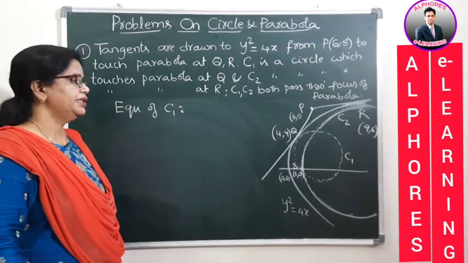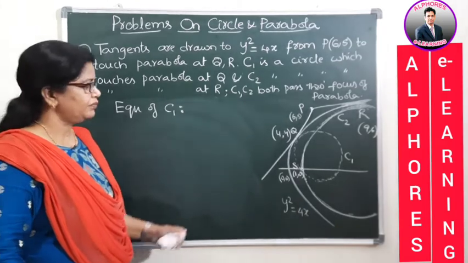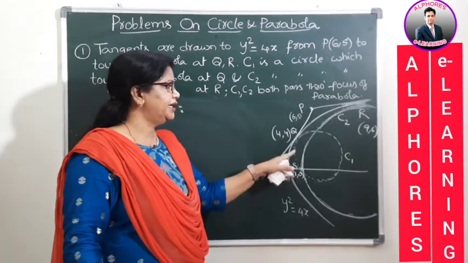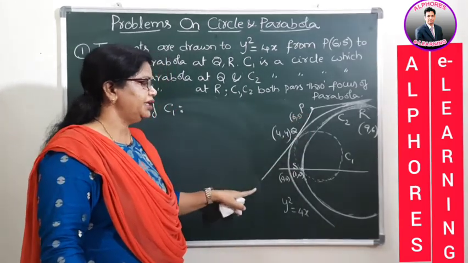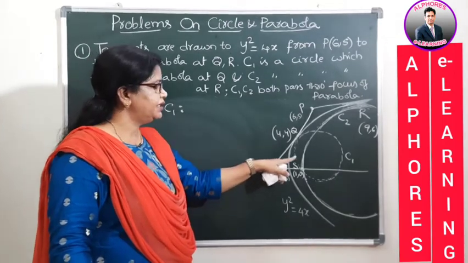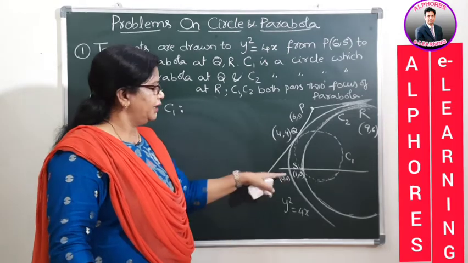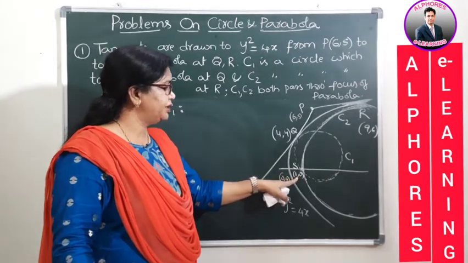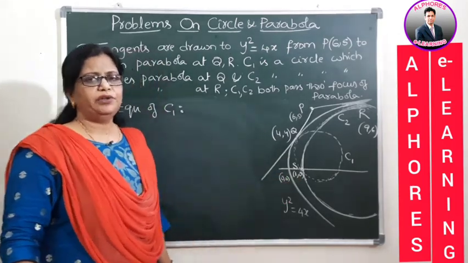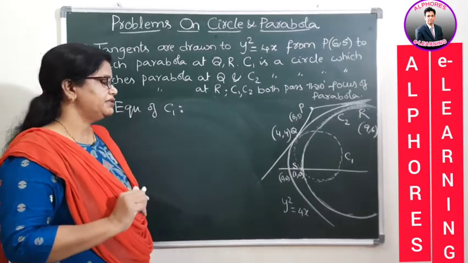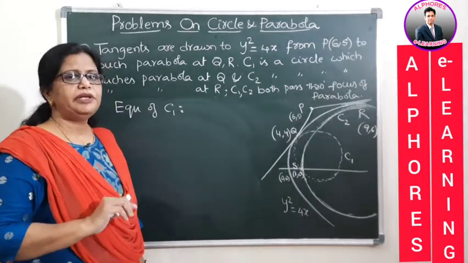Okay, then what is the data we are having? The data we are having is this line, you know, which is a tangent touching the circle at the point 4 comma 4, and again the circle is passing through 1 comma 0. Then obviously, students, you can make use of the concept from family of lines.